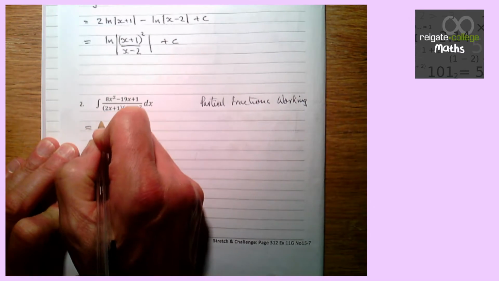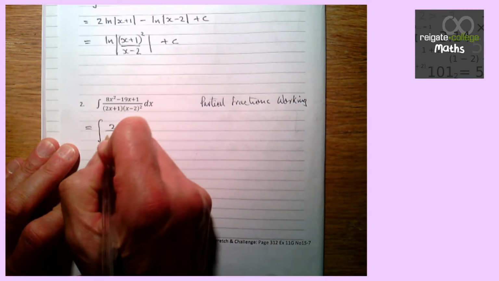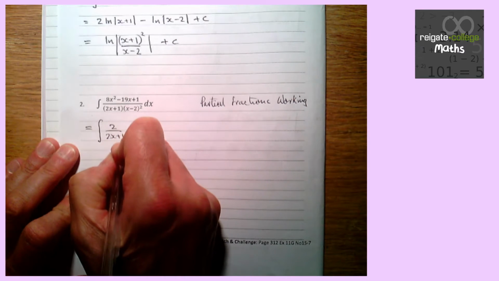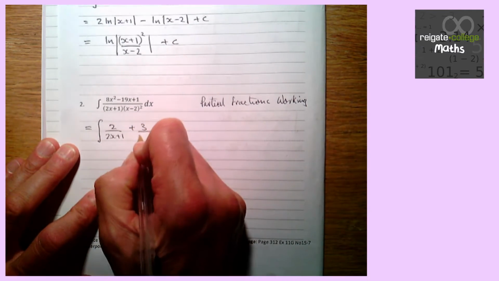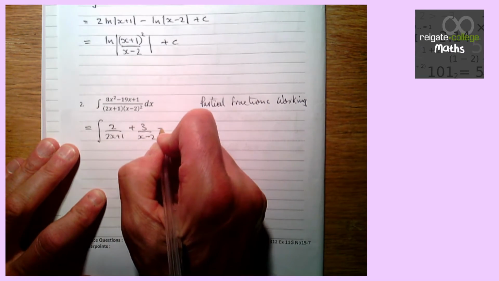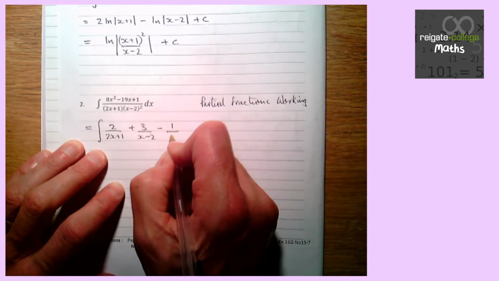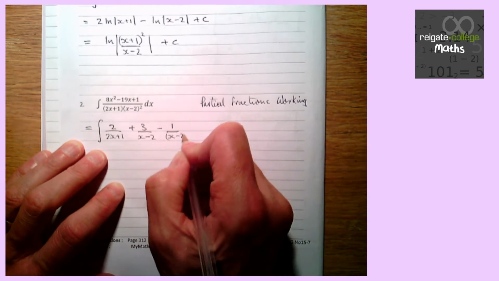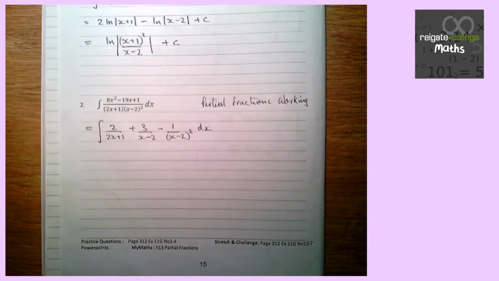So the partial fraction for this splits into 2 over 2x plus 1 plus 3 over x minus 2 minus 1 over x minus 2 squared dx.